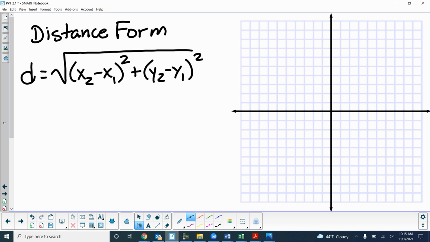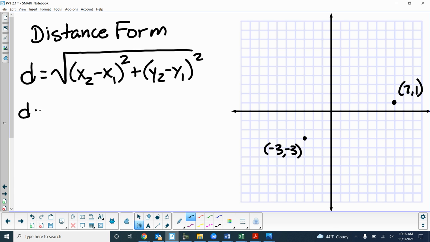Just be consistent. All right, so the 2 points we're going to find the distance between are -3, -5, this point, and 7, 1. 1, 2, 3, 4, 5, 6, 7, 1. Those are the 2 points we'll use to find the distance. And then we just plug in the formula. Right, Fred?